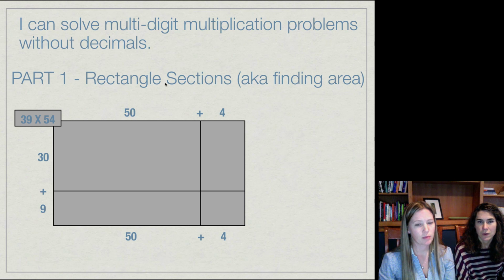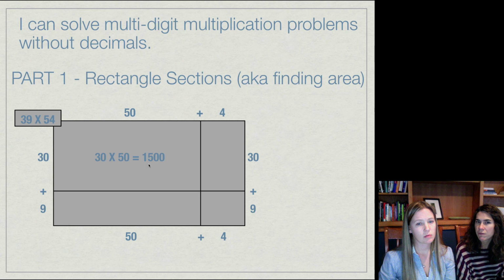Looking here, up and down, we should have the same things, and then across, we should have 30 plus 9 over here. Now it's just a matter of solving for each rectangle. This is the largest one, and we have 30 times 50 should be 1,500. 5 times 3, and then just tack on your 2 zeros.